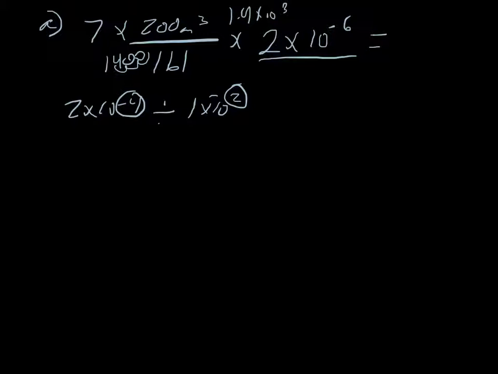I'm going to multiply those two numbers together. When you multiply, you multiply the base numbers by each other, so 1.4 times 2 is 2.8, and then you add the exponents, so 3 plus a negative 6 would be negative 3. Okay, so that's the concentration for the first part.